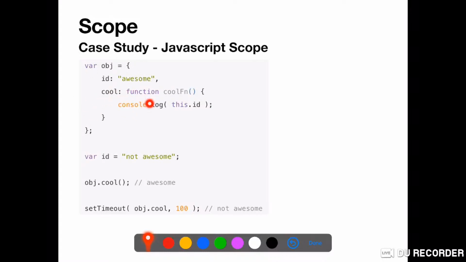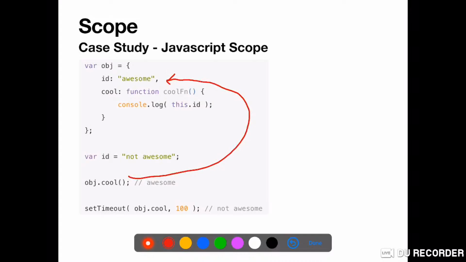This member function cool will print out its ID. And in the global scope, you also have an ID that's not awesome. And if you call object.cool, it will print awesome, which is this awesome.